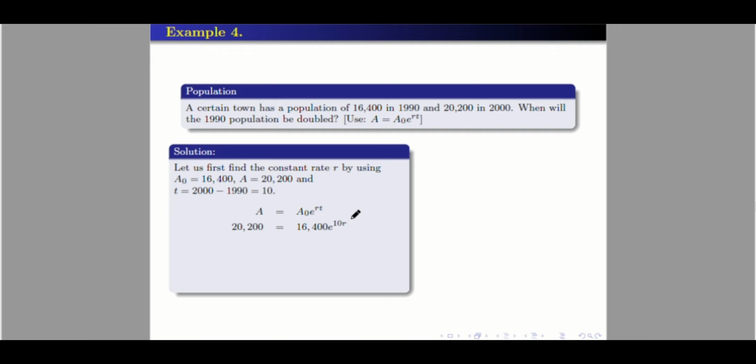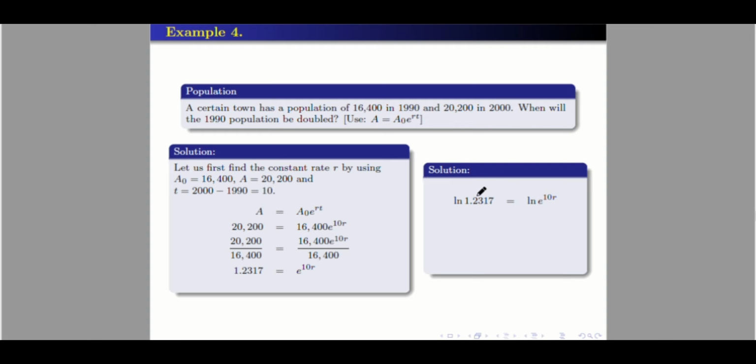Our r is unknown, so we have the variable r. Again, divide both sides by 16,400. So cancel, cancel, and we're left with e raised to 10r equals 1.2317. Since this is e, we take the natural logarithm on both sides, and then apply law number 3. ln e is 1.